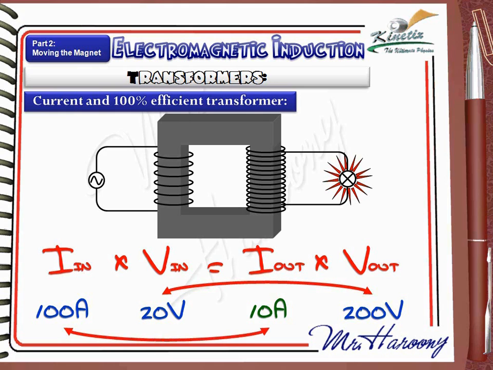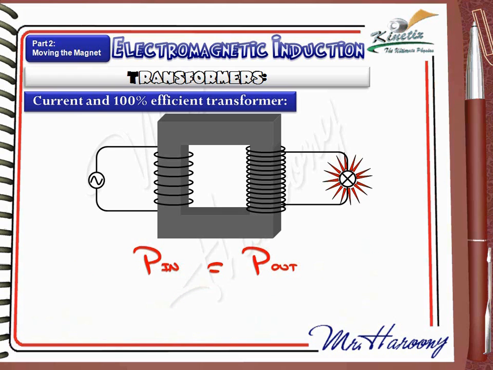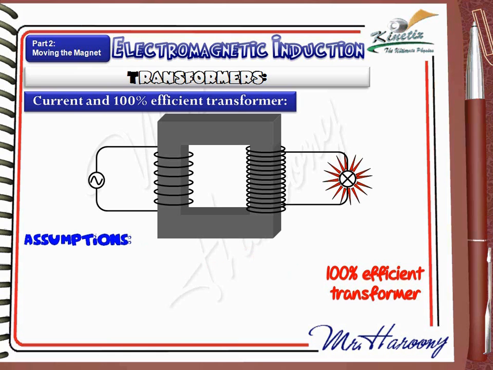But one important thing must be taken into account. The question must mention that the transformer is 100% efficient. Otherwise, the rule power input equals power output will not apply. A 100% efficient transformer assumes things about the transformer. Number 1, the power input equals the power output. Number 2, no energy or power loss in the transformer itself.